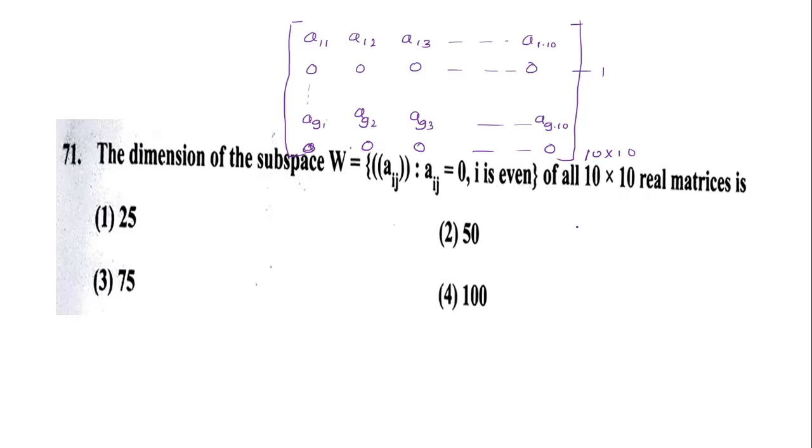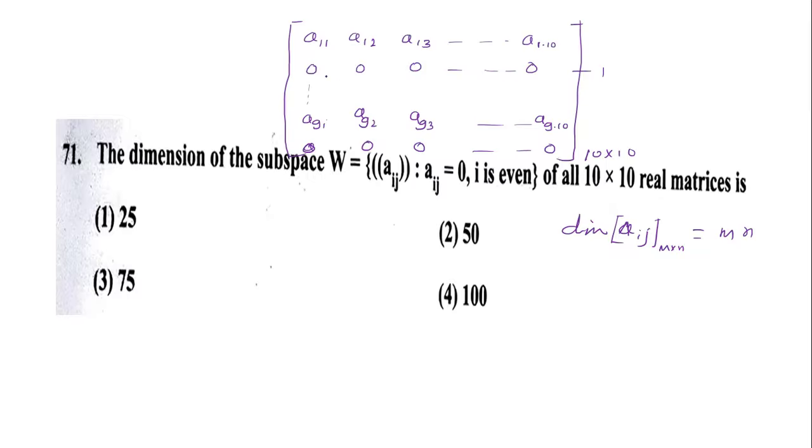That means we know that the dimension of a matrix Aij of order m into n is m into n.